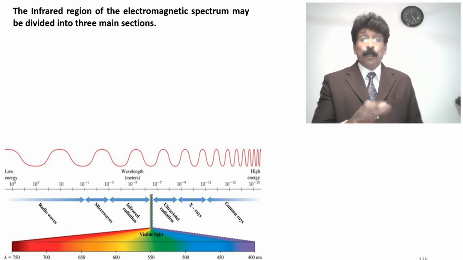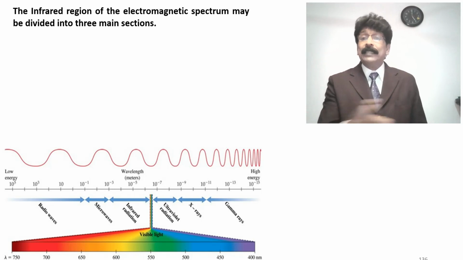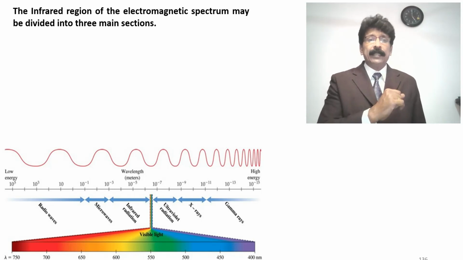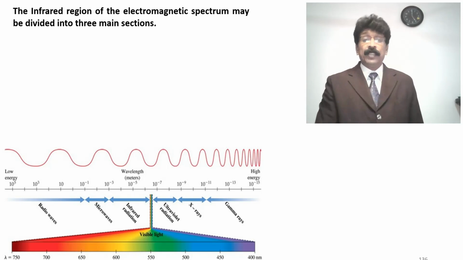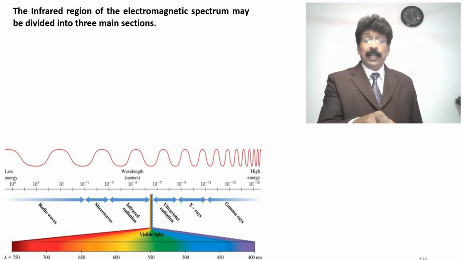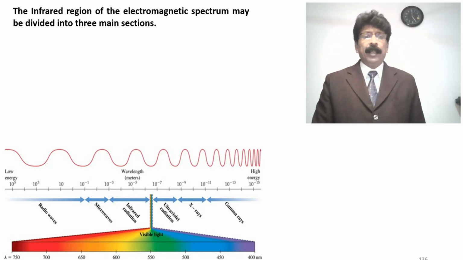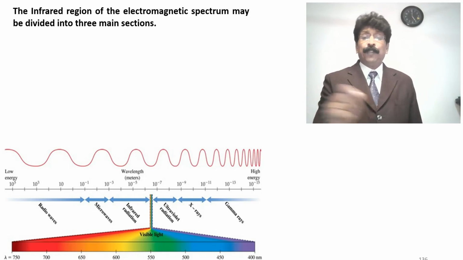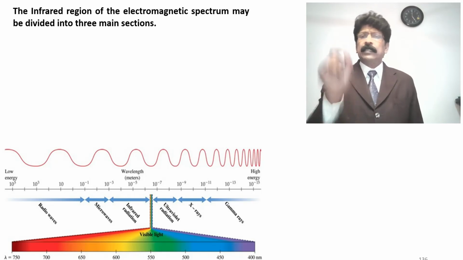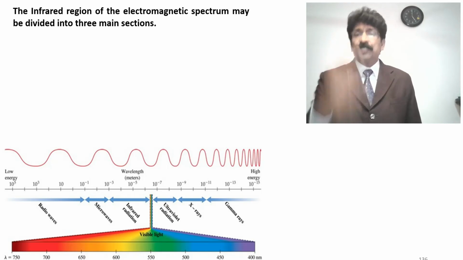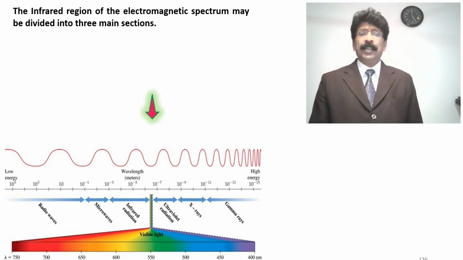Before that, we should know what all the rays are in the electromagnetic spectrum. You see here, the visible light is a very, very small area in nanometers. From red to violet, you can see 750 to 400 nanometers. It's a small part which is visible radiation.